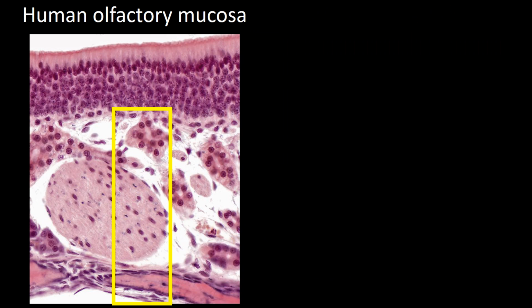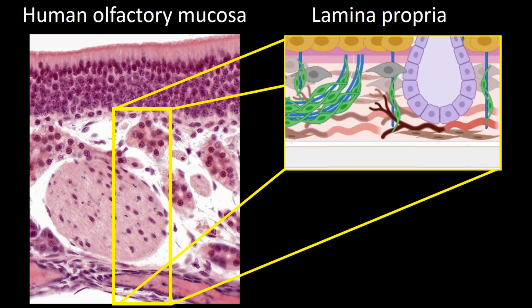Now, I'd like you to shift your attention to the lower segment of the specimen, which I have schematized and labeled lamina propria in this frame. I like to start by signaling the basal cells in the illustration and in the specimen.